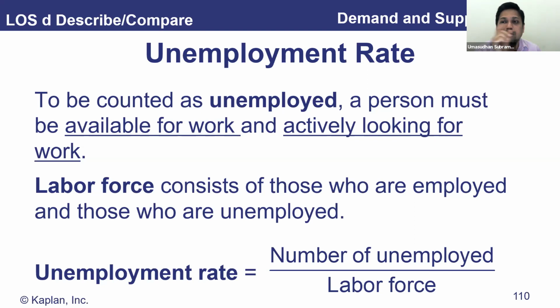Some people even think, okay, let's take the unemployment rate as the number of unemployed divided by working age. Working age, when it's 18 to 65 or whatever, that is not correct either, because within that 18 to 65, there will be people who don't want to work for various reasons.